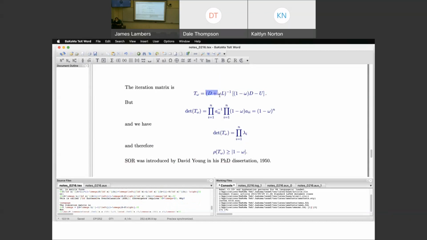Here, the determinant is just 1 over the product of all the diagonal entries. That's what we have here. And here too, this is an upper triangular matrix. So again, we're multiplying the diagonal entries, and we get this. Then we have aii inverse and aii canceling out. So this is the determinant, 1 minus omega to the n.